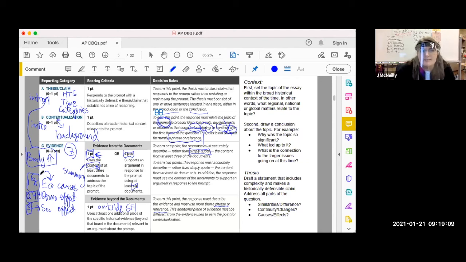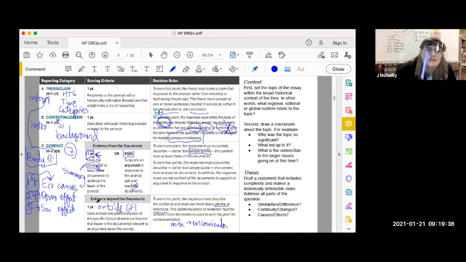So in the documents that we discussed, they talked about the asiento, the encomienda, smallpox. Well, let's say that you added in some outside evidence about, let me think, what haven't we talked about? Oh, the conversion of the mita system into the encomienda. Okay, so nowhere in the documents was the mita system mentioned.